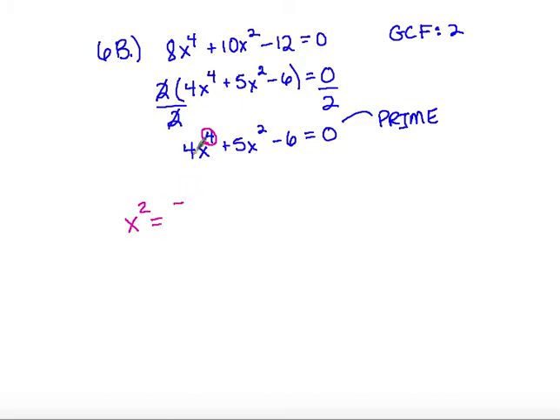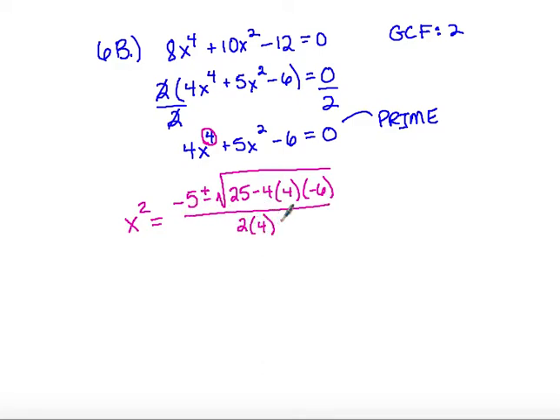Now the rest of this is going to look the same. Negative b plus or minus the square root of b squared minus 4 times a times c all over 2 times a. All right, now let's simplify. So again, this is not x equals, it's x squared equals negative 5 plus or minus the square root.